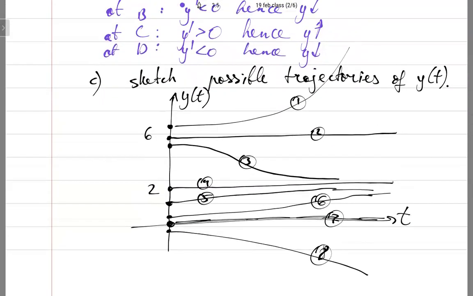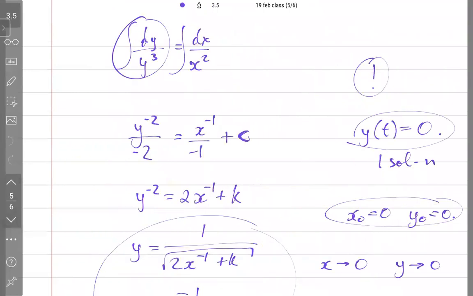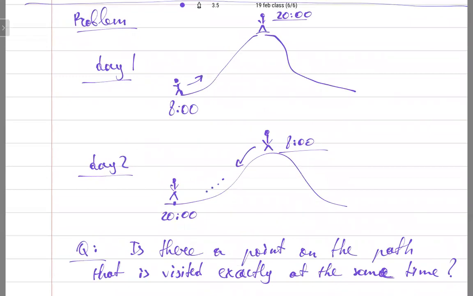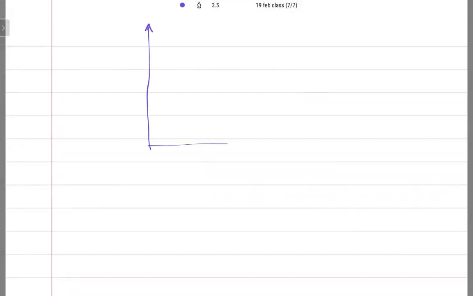Sometimes it's interesting to draw a qualitative behavior. So in my case, I will draw the path. I will draw what happens with my monk. So imagine that this is day one.